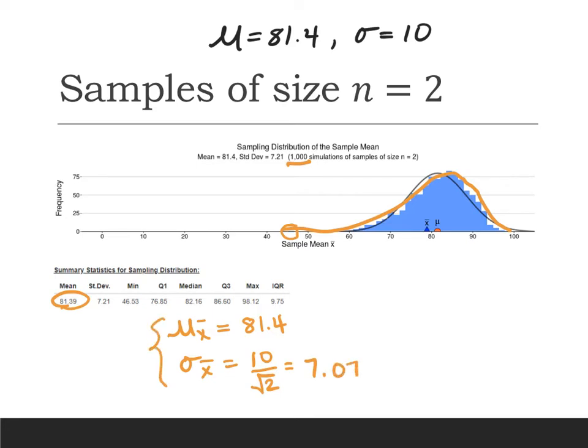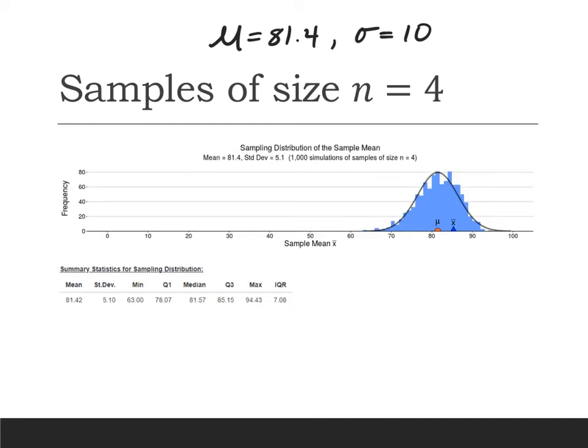So this is, I guess, the theoretical values. Based on the mean and the standard deviation, I can find the mean of the sample means and the standard error. Now, my standard deviation isn't right on, but it's pretty close. 7.2 and 7.1, if I were to round both of those to 1 decimal place, are fairly close together there. So it's not far enough off for us to think that something wrong happened. So our mean and our standard deviation still hold.